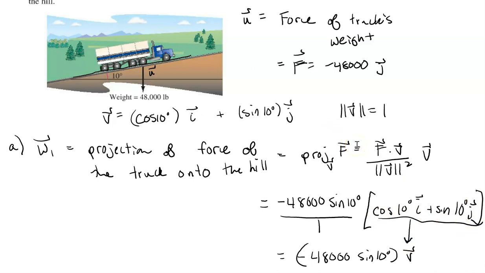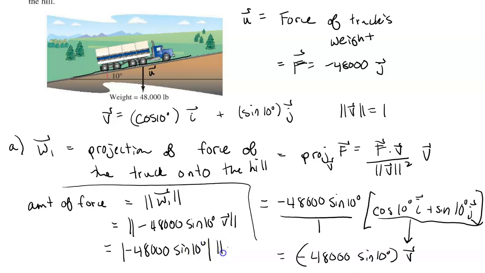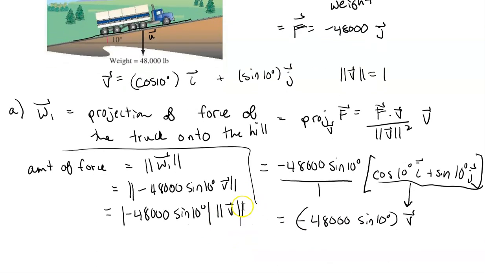And if we know a vector for the force, the amount of the force is going to be the magnitude of that. So the amount of force will be the magnitude of W sub 1, which is the magnitude of negative 48,000 sine of 10 degrees times V. Remember that this is just a constant, so it's really just the absolute value of negative 48,000 sine of 10 degrees times the magnitude of V, which we know is 1.